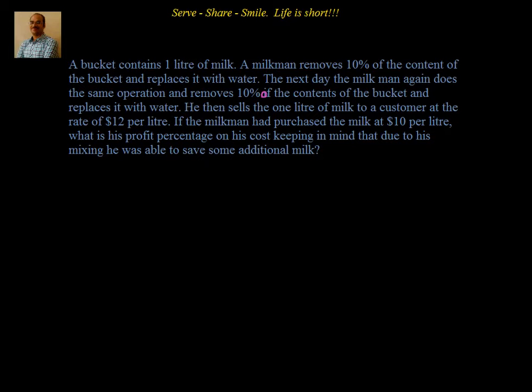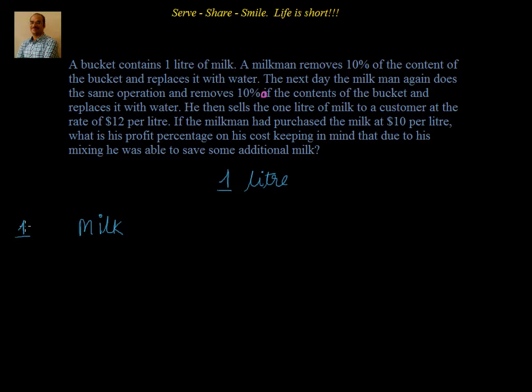So let's write down whatever we understand. First we know 1 liter of milk is there. He removes 10% of the bucket. 10% of 1 liter will be how much? 10% means 100 ml. So on day 1 it will be like this.